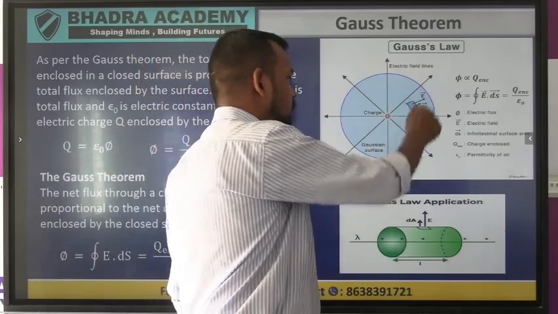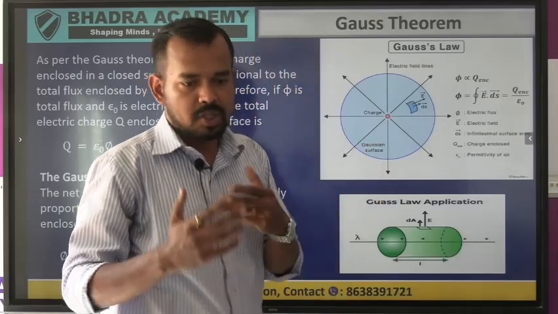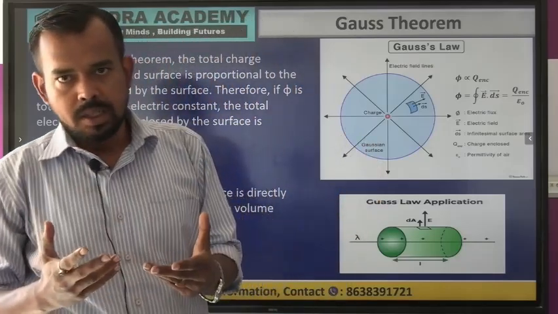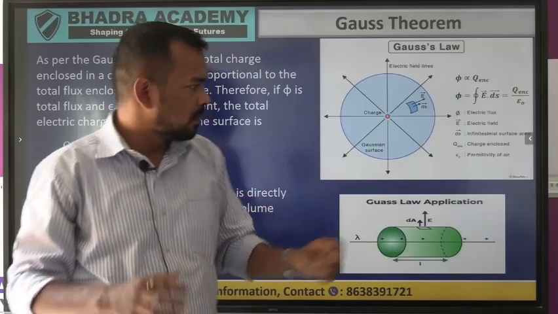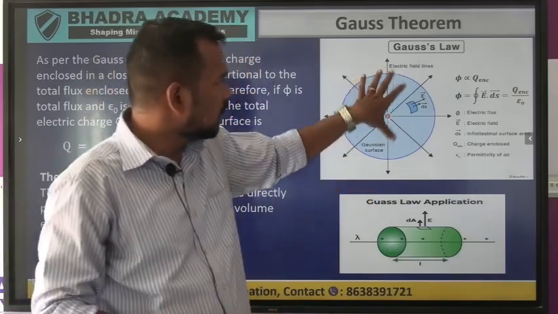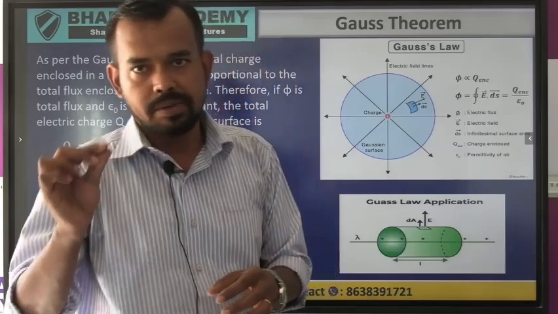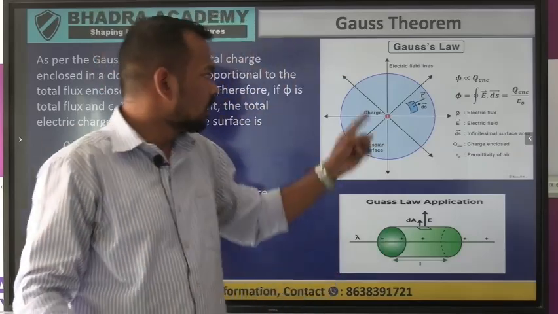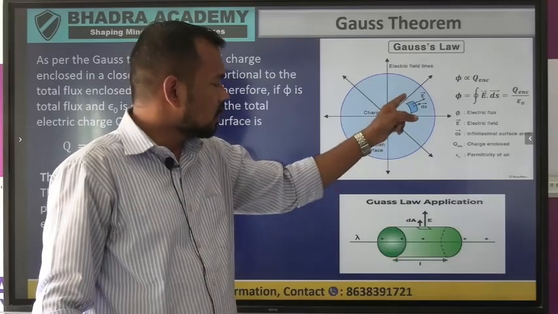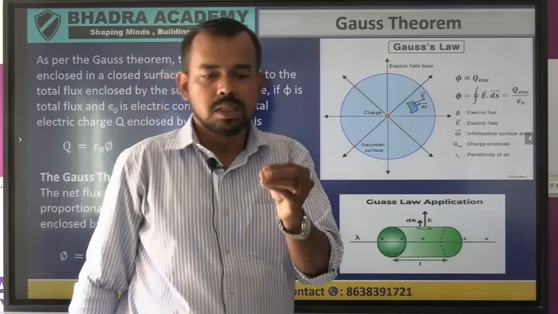This surface is known as the Gaussian surface. So at any point of the surface you find equal electric field. We take the field at this point, with a small area denoted by dS.